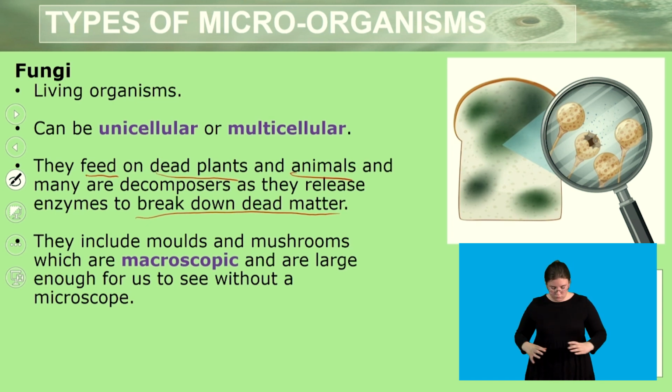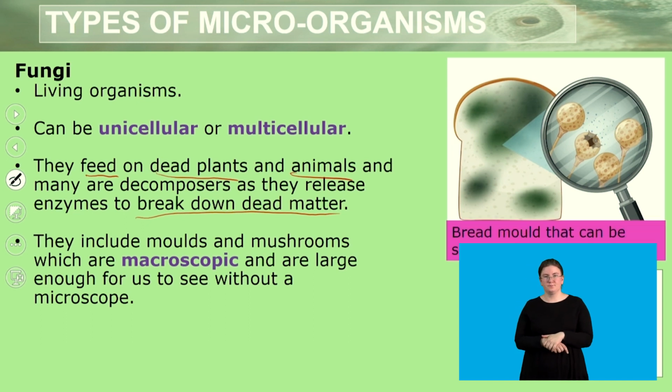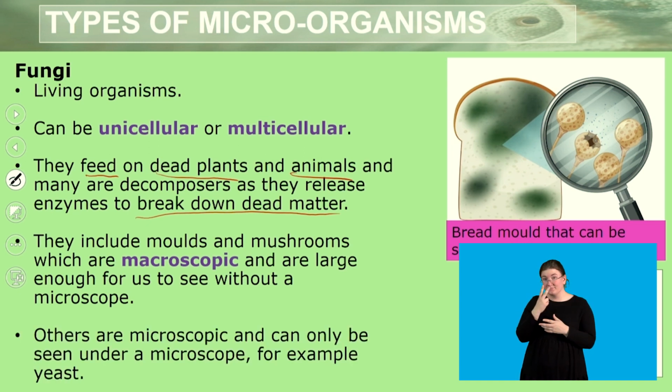You can actually use an item like a magnifying glass to view the mold and see specific detail or special characteristics of the mold. This is bread mold, like I have said, that can be seen with the naked eye.